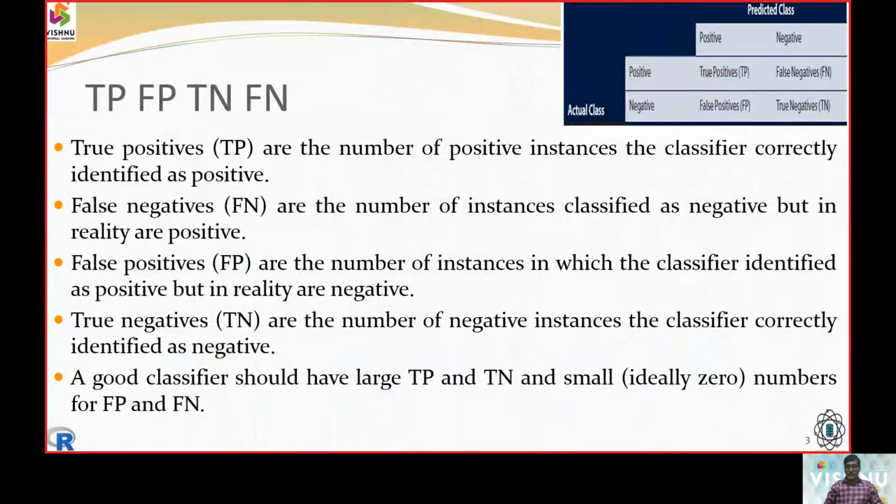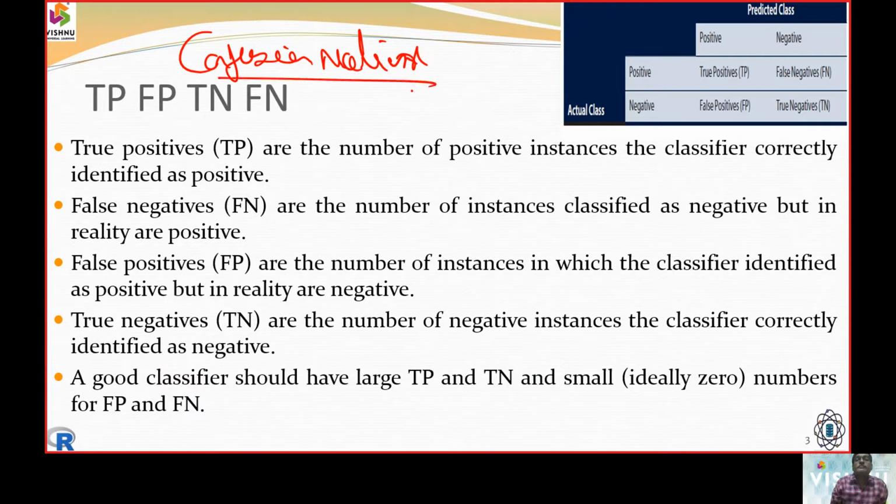Now, as mentioned, the confusion matrix has four attributes. One, the actual classes. Two, what the classifier is going to predict.